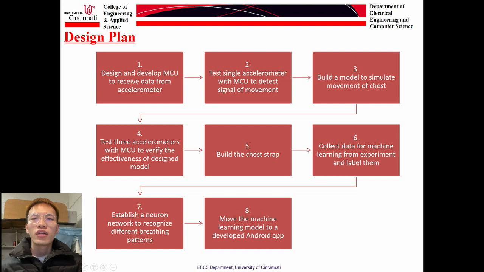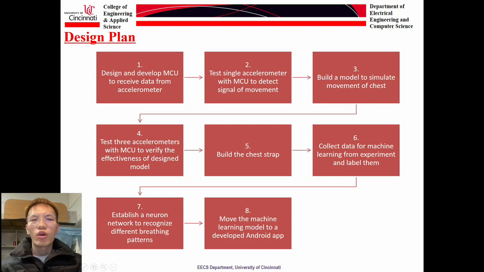Step 4. To reduce the interference from the movement of the body, we will use 3 accelerometers, and we can use the simulation model built in step 3 to verify the effectiveness of our final design. And then in step 5, we will build the actual chest strap.